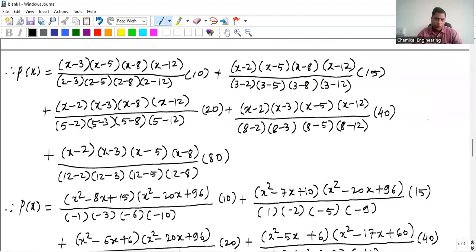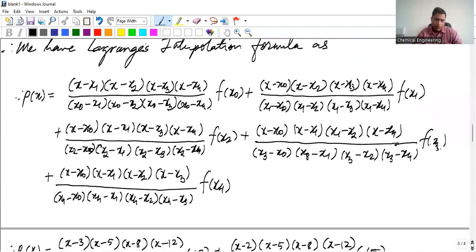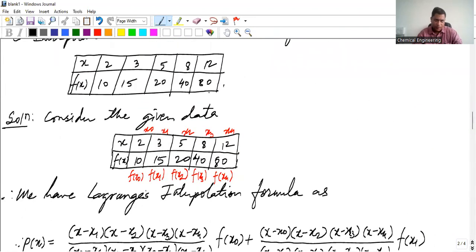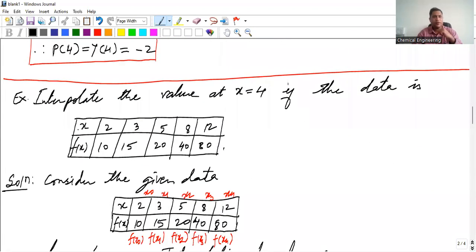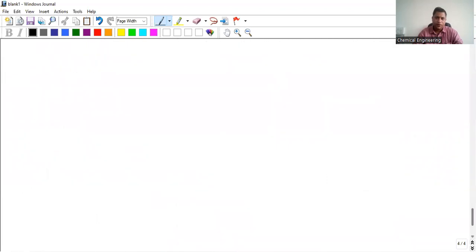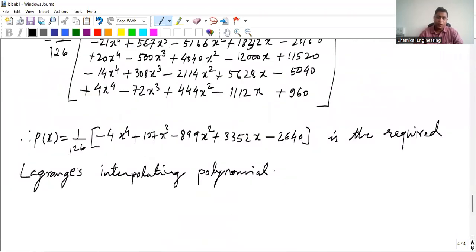Now what we want, see the question. We have to find the value of f at 4. So whatever the polynomial that we have obtained, in that polynomial we have to put x is equal to 4.